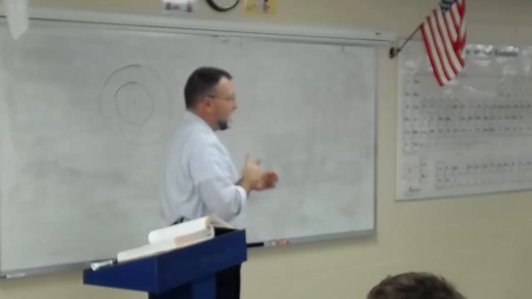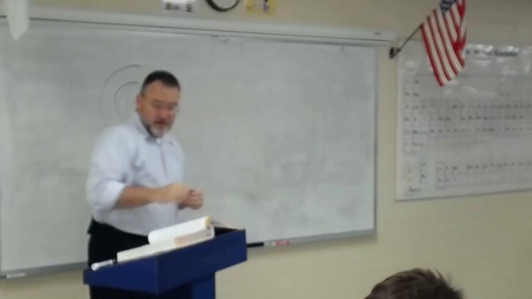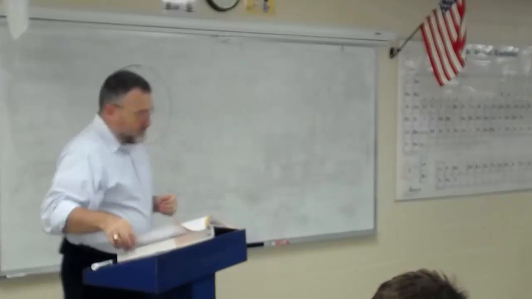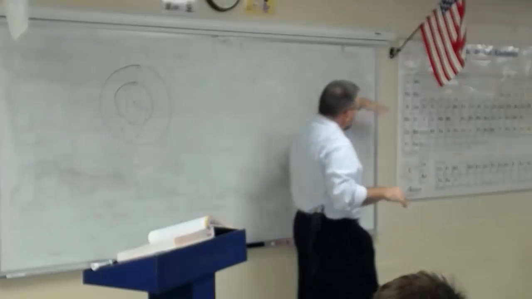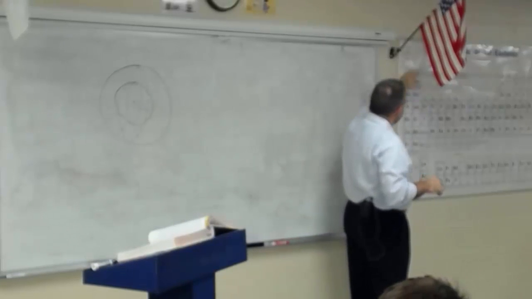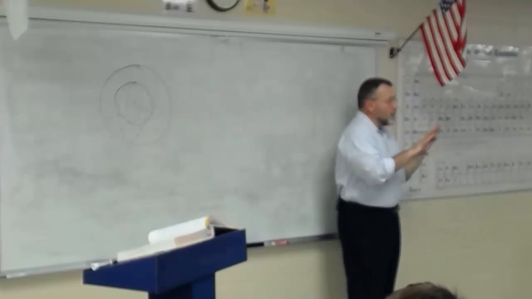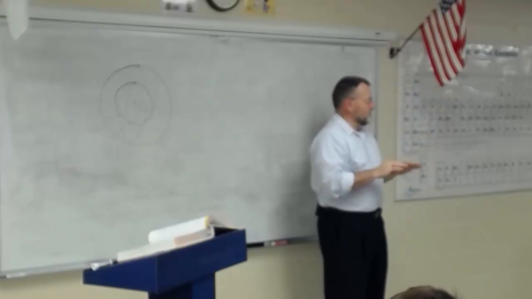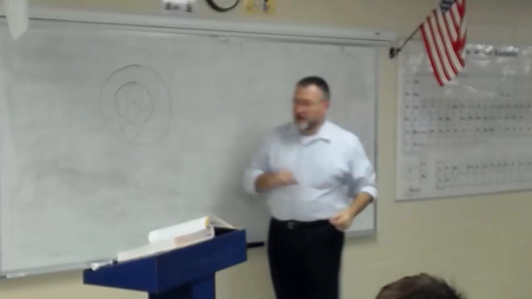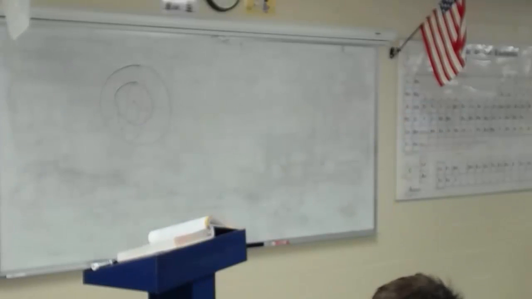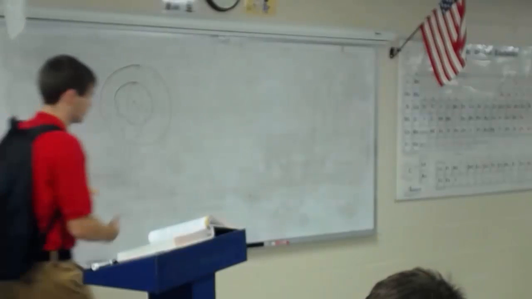But when we count up our electrons, if you look over here, we have 1, 2, 3, and 4. All of those are going to be S shell electrons: 1s1, 1s2, 2s1 and 2s2.